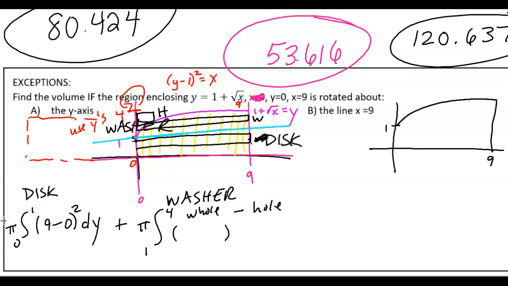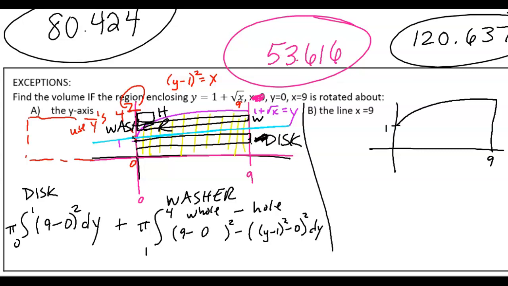So the hole on top, the right is still 9, minus the left is still 0. And the right of the hole is the purple, minus the left is the axis. Okay? So I'm not even going to type that in, but this is what we're going to do.